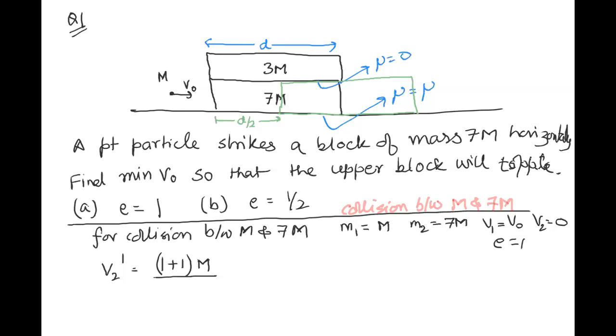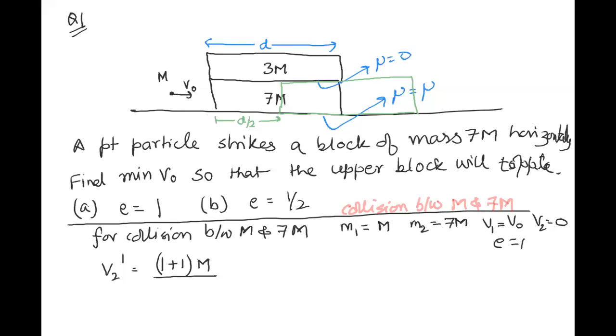So the situation will evolve like this. First, there will be a collision between the point particle and the block of mass 7m. Because of this collision, the block of mass 7m will begin to move, will acquire a velocity.